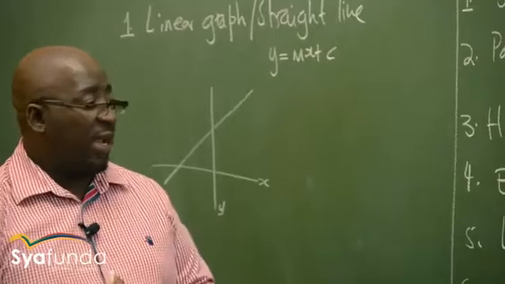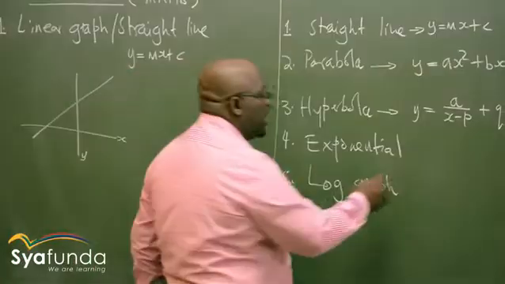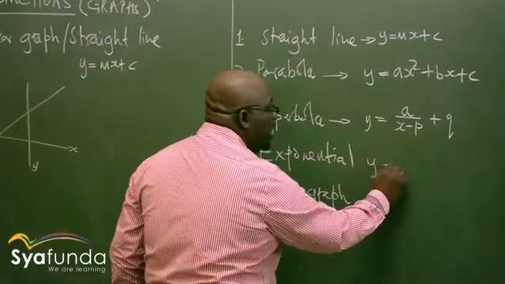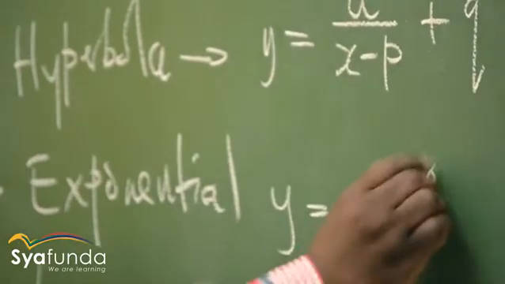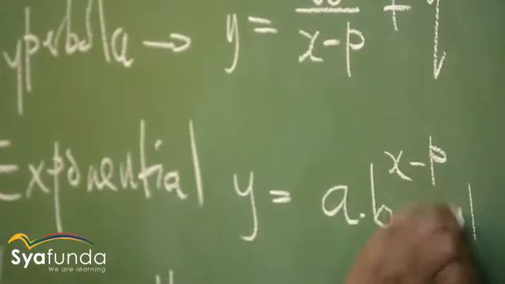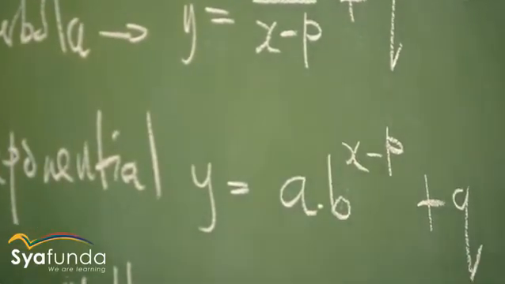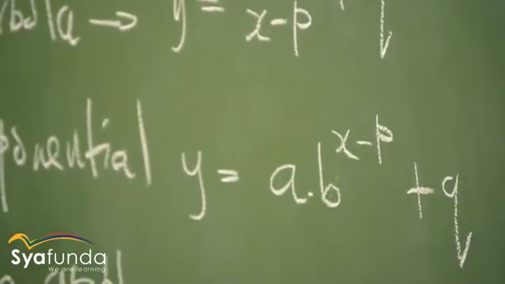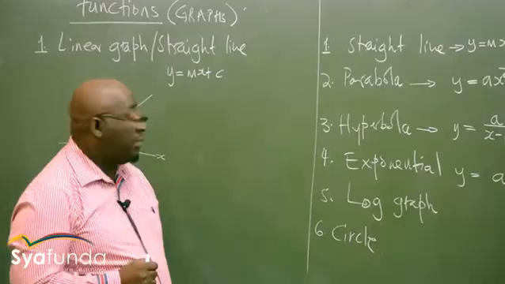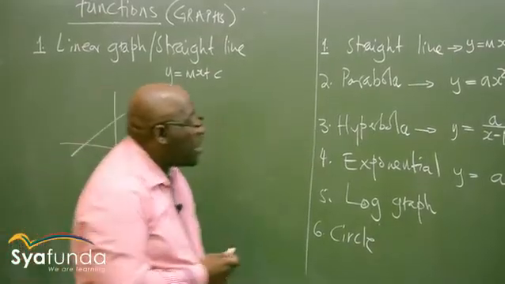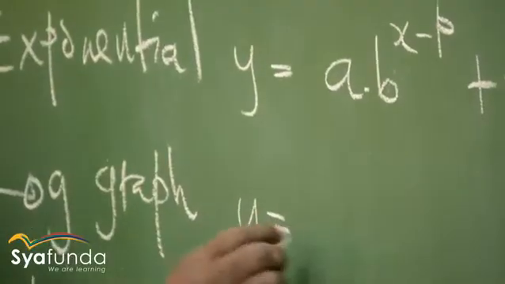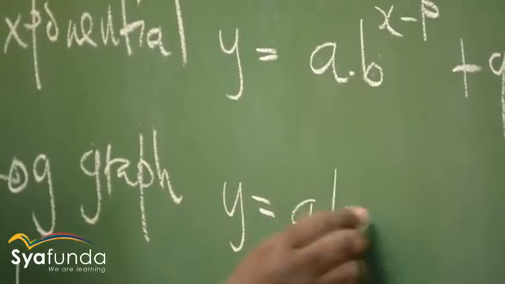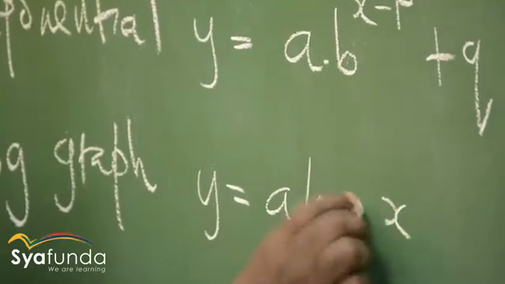The exponential graph, the equation is y is equals to a times b to the power x minus p, plus q. This is generally what an exponential graph general equation will look like. The logarithm graph, the log graph, is usually y is equals to a log x to base b.